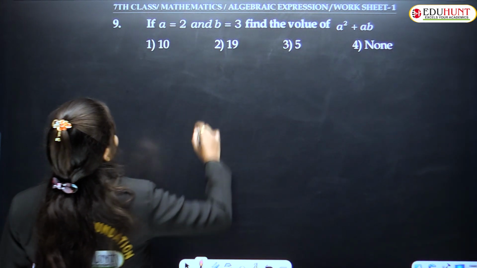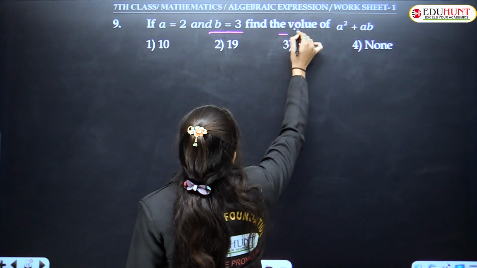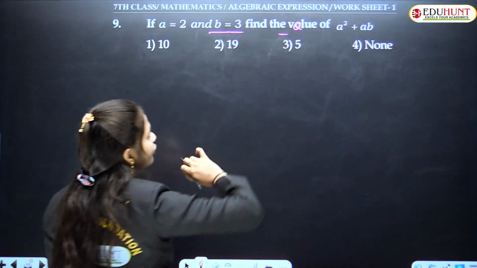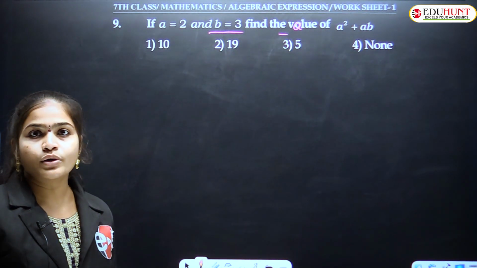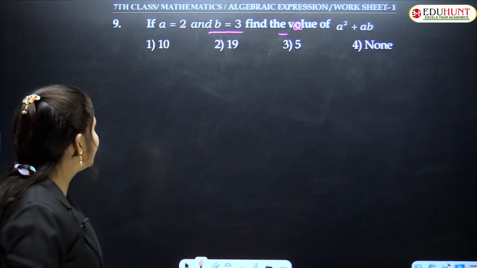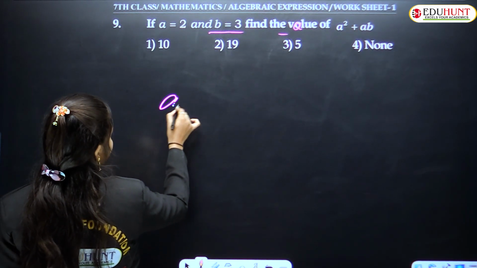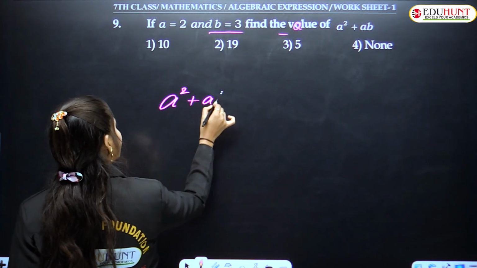Next, what they given here: if a is equal to 2, b is equal to 3, find the value of a square plus ab. So from here onwards the substitution problems will be there. Actually what is the expression? a square plus ab.